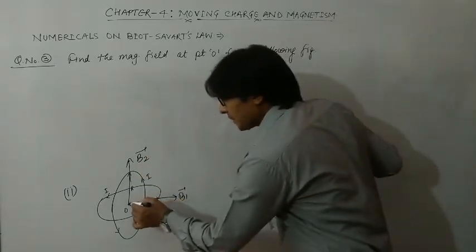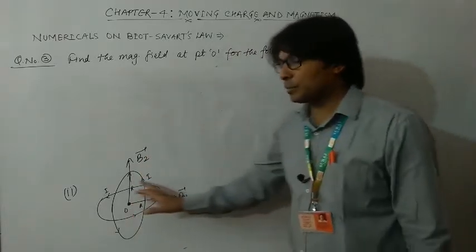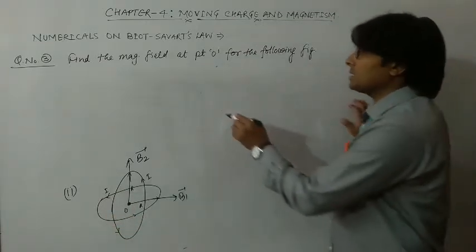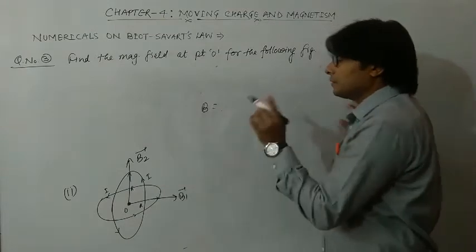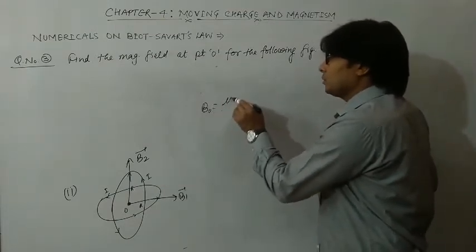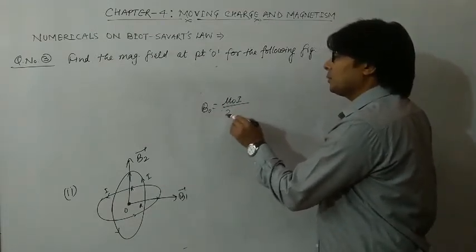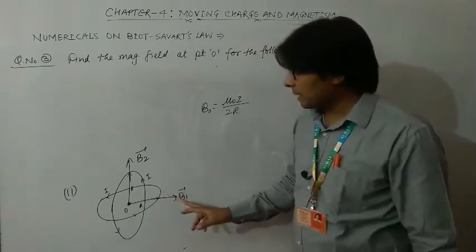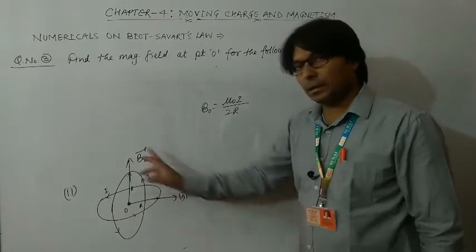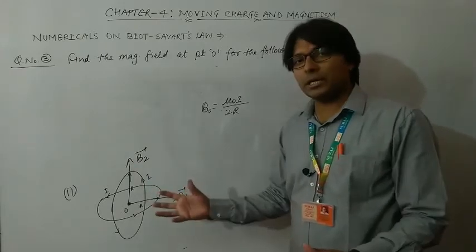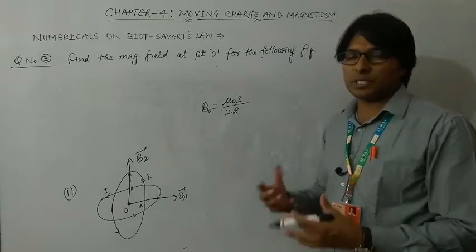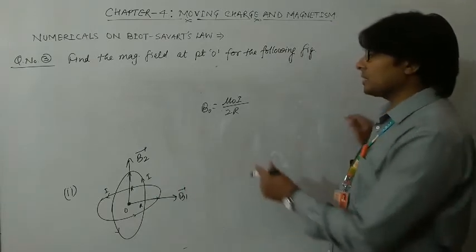And at this point, which is the center of both these loops, at the center of a circular loop, the magnetic field we derived in the very first application was B0 is equal to mu 0 I upon 2r. Since B1 vector and B2 vector are perpendicular to each other, we will use the formula once again, square root of B1 square plus B2 square, for the net magnetic field.